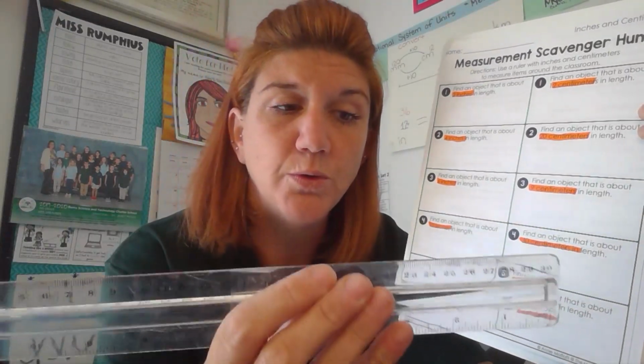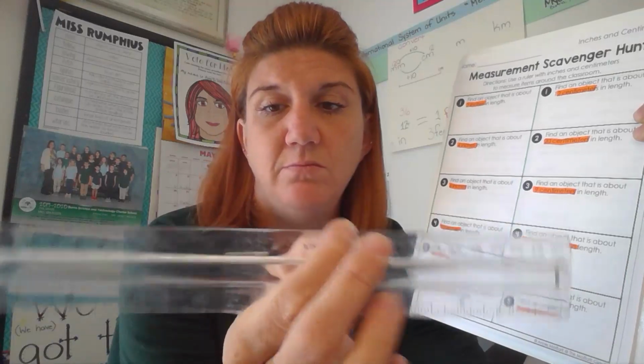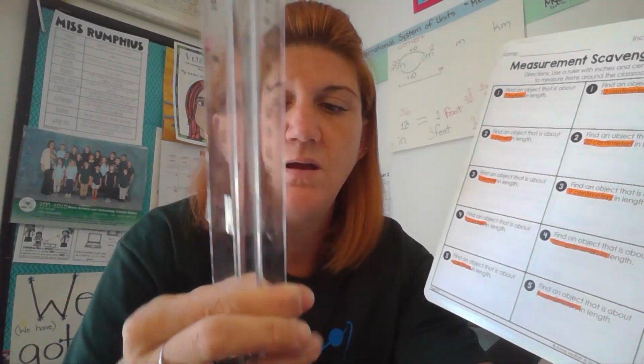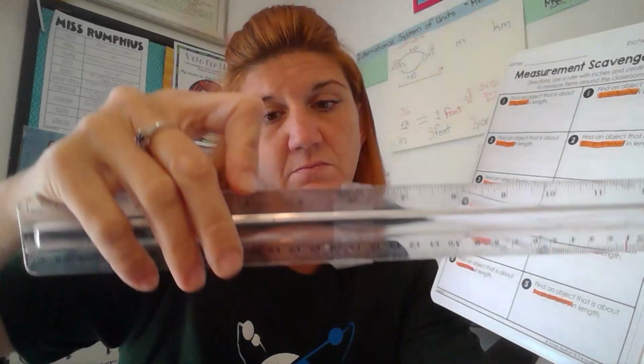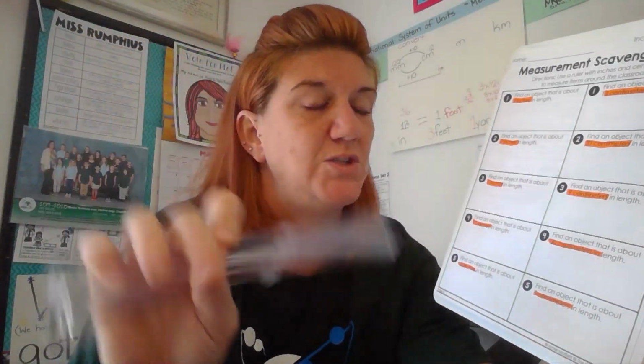If the whole ruler is 30 centimeters long and I have one that's asking for 20 centimeters, well, I'm just going to think about that's 2/3 of the ruler. And then 20 centimeters is kind of close to how many inches? Well, it's around the 4-inch mark.